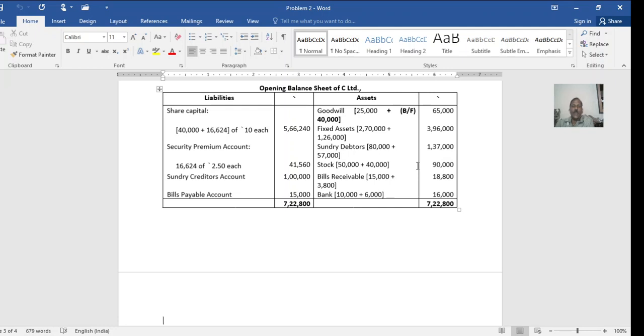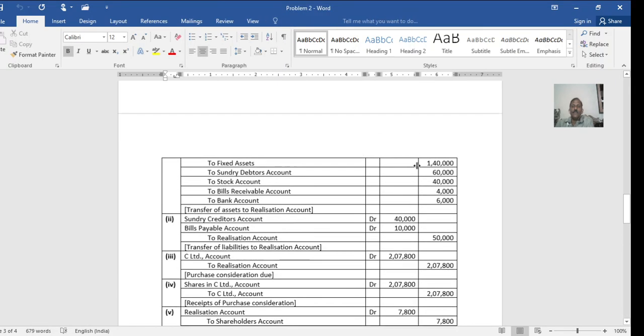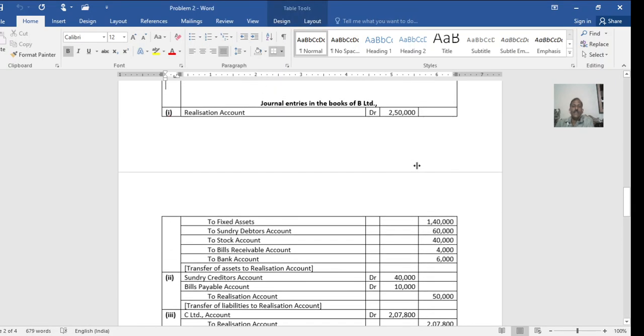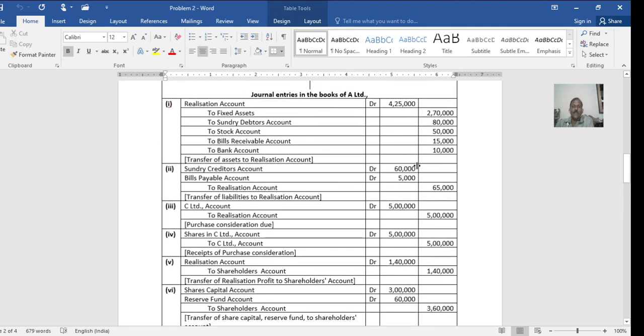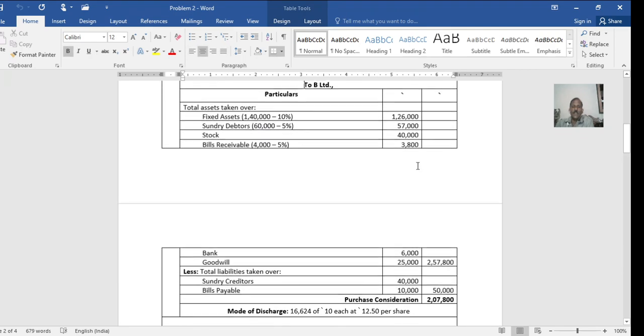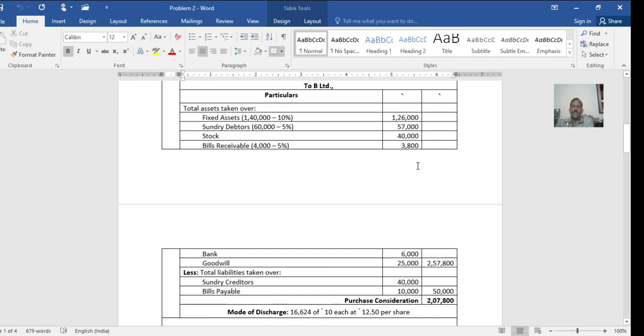Third entry in the sense all assets debited at a taken over value, that is, you can get it in the purchase consideration calculations. See there, 1,26,000, 57,000, 40,000, 3,800, and 6,000 plus.